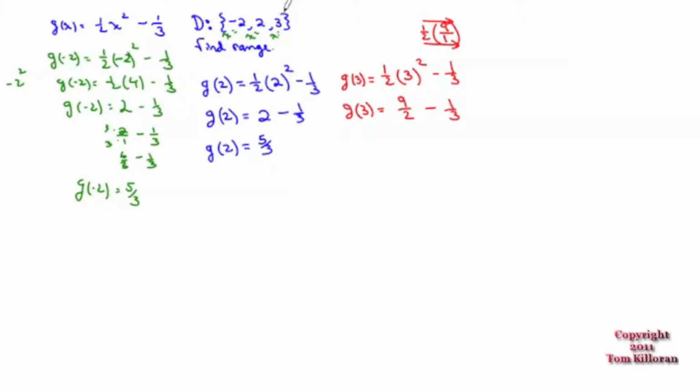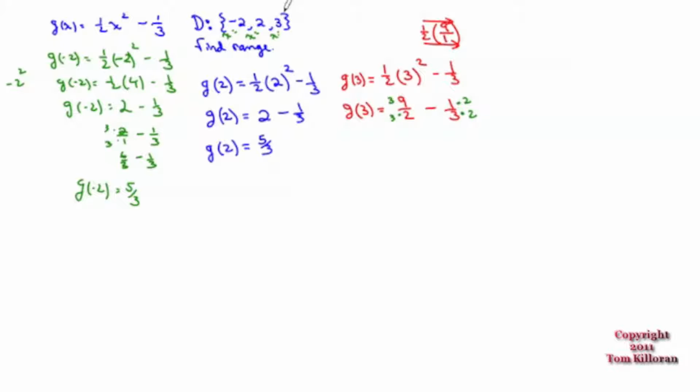All right, so how do I do 9 halves minus 1/3? What's the common denominator? 6. So you have to multiply top and bottom on the third by 2. If you do it to the bottom, you have to do it to the top. And the 9 halves, what's it missing? A 3 in the bottom and a 3 in the top. So let's see.